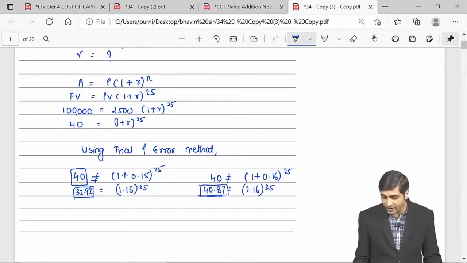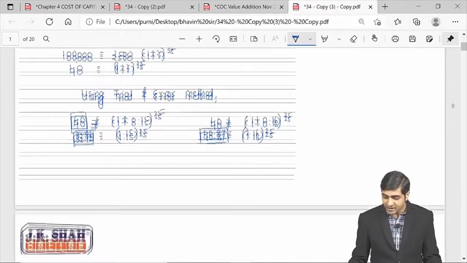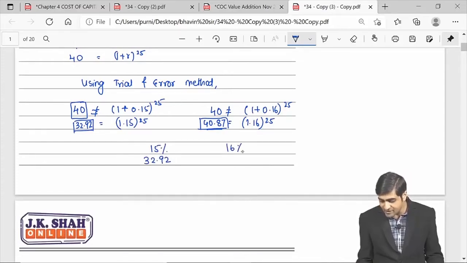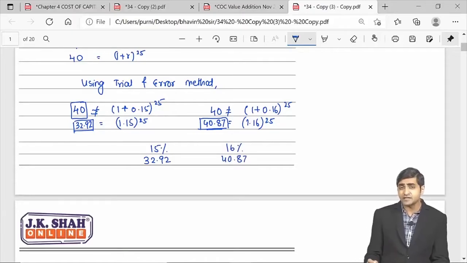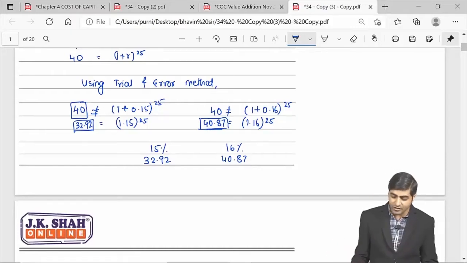So again, exactly 16% is not the rate at which you are getting 40. Now your 40 lies between 15 and 16%. So we need to use the trial and error method. Your future value interest factor is coming as 32.92, whereas at 16% this is coming as 40.87. So somewhere between 15 and 16 lies your return for an investor, or the cost for the particular company.